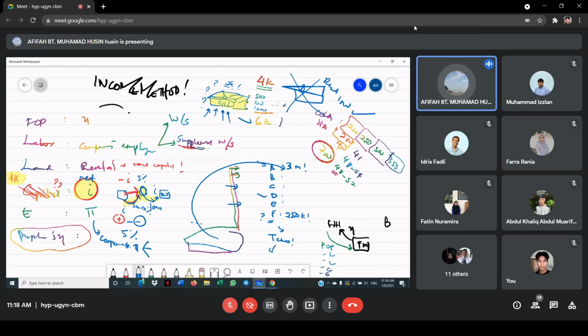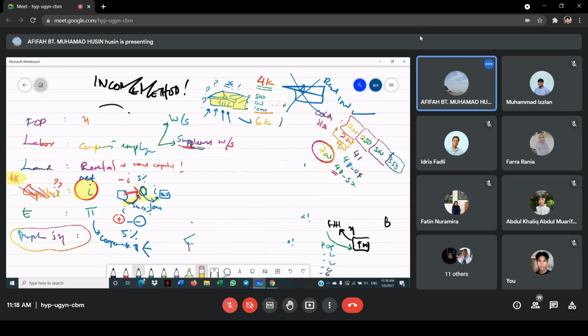Okay, let's say you have a company. You got a company and then how to get a profit class? We know that profit equal to the total revenue minus total cost, isn't it? You dah dapat revenue, you dah tolak cost, you get your profit.